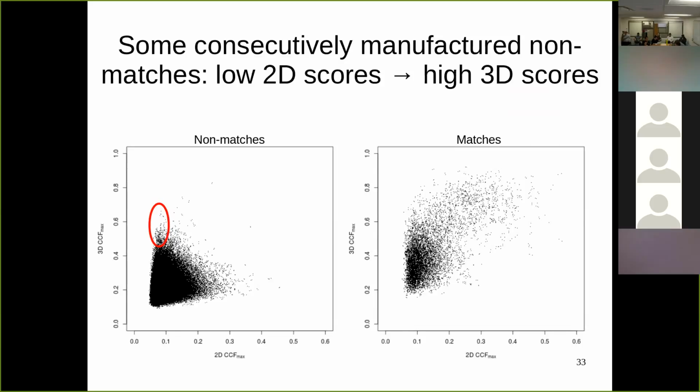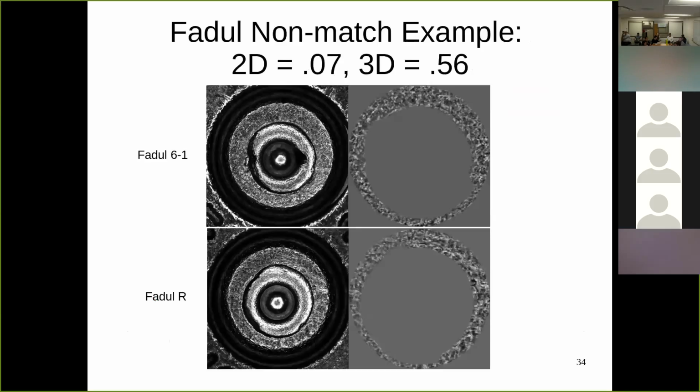So this is just one example. So this comes from the Fadul study. So this pair of images was a non-match, and the 2D score was 0.07, which is very small, but the 3D score ended up being 0.56, which is pretty large.